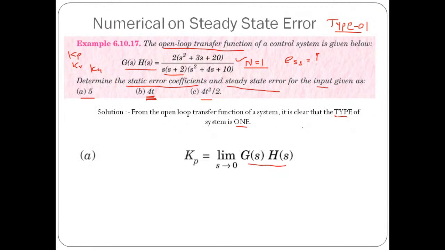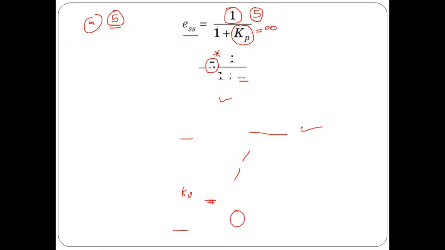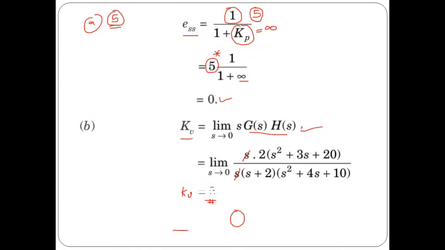I hope this numerical is understood by everyone. It is simply a formula based numerical where our objective is to calculate the value of Kp, Kv, Ka followed by steady state errors for a given system when it is excited by different types of input excitation signal. It may be a step, it may be a ramp, or it may be a parabolic input signal.